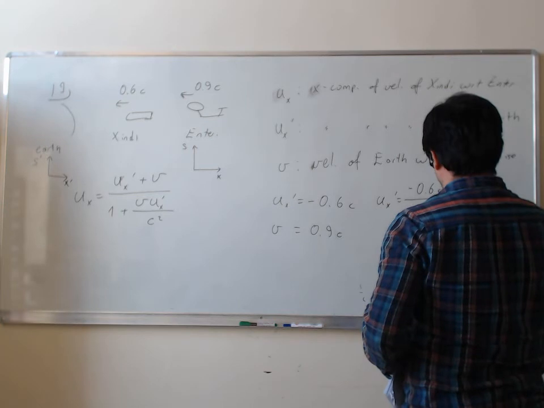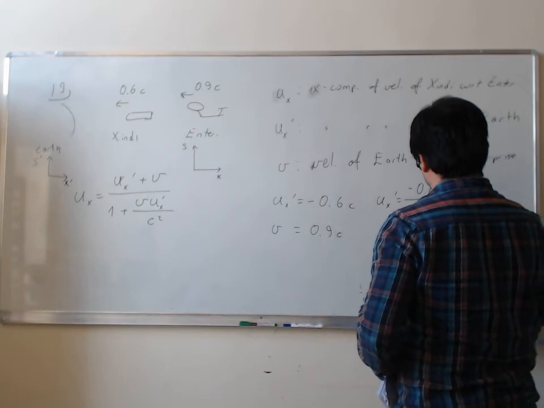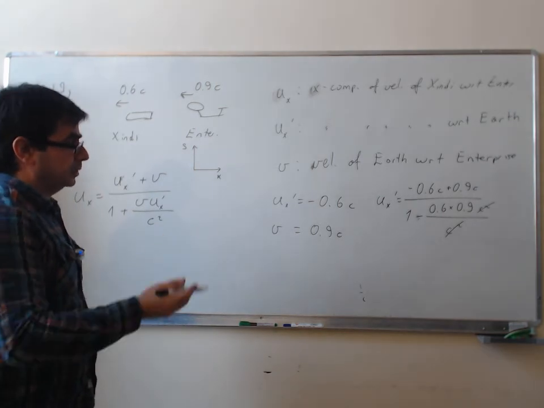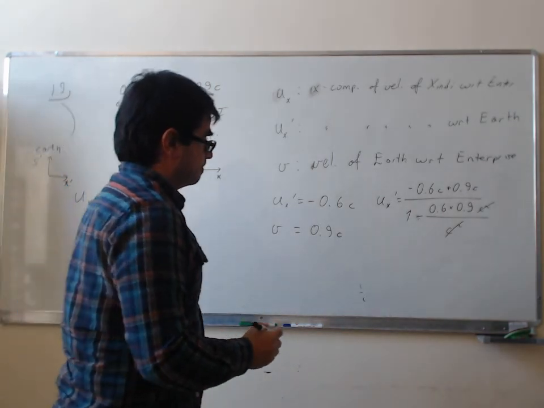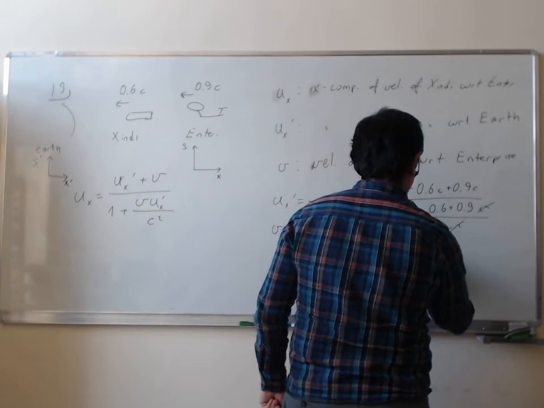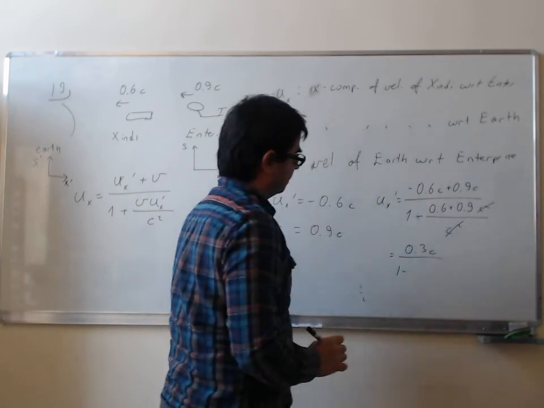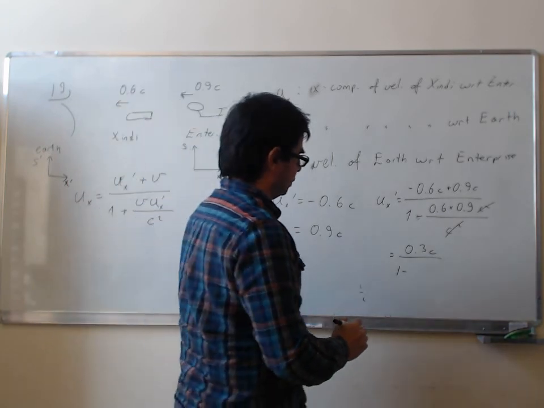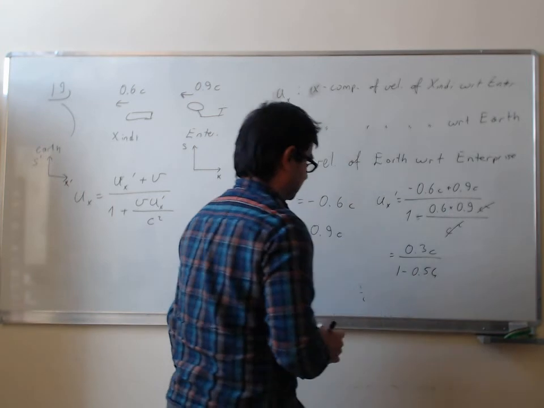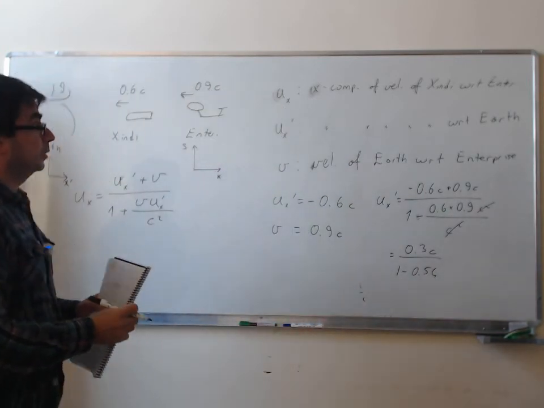So c square, they go away. Okay, so this is 0.3 c divided by 1 minus this thing here. 0.3 c divided by 1 minus 0.54. And I'm not going to calculate, but this is easily doable with the calculator.